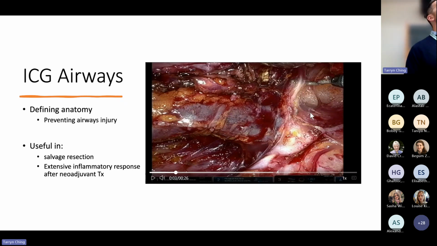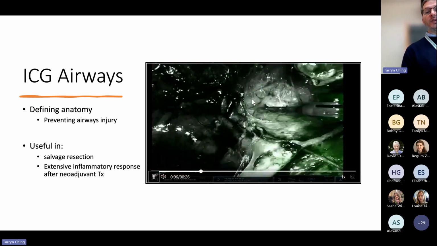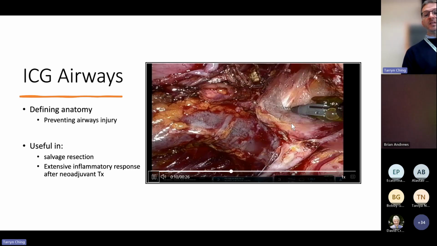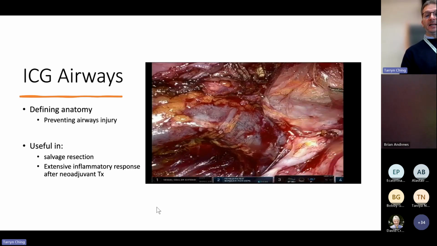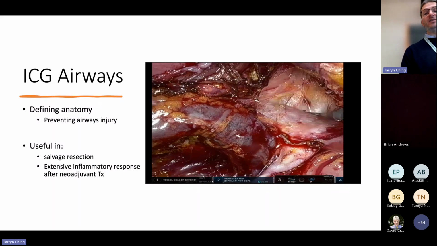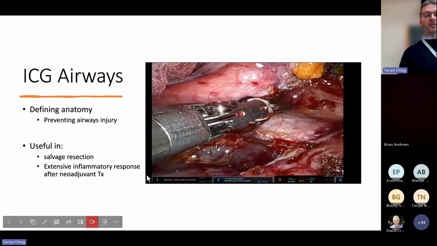And here I'm doing the dissection in front of the posterior wall of the trachea. This is the carina. This is the left main bronchus. And on this side, there will be the right main bronchus. And you can see that, you do a bit of dissection, and then by turning on the ICG, you will be able to have another support of the ICG of the airways.